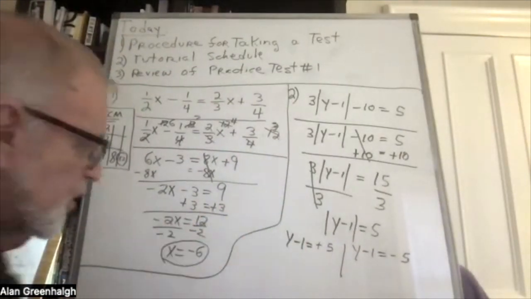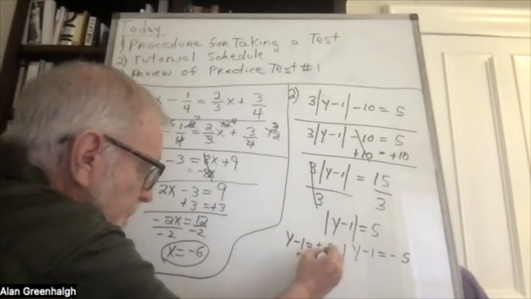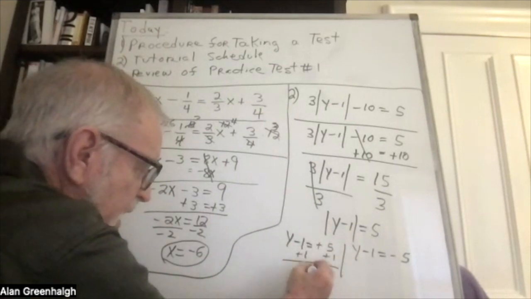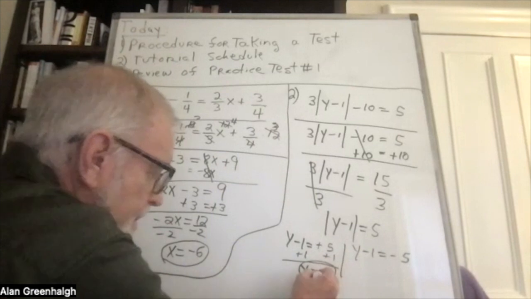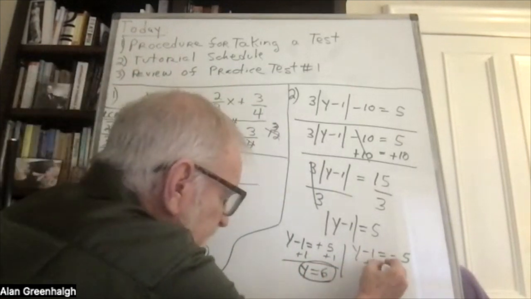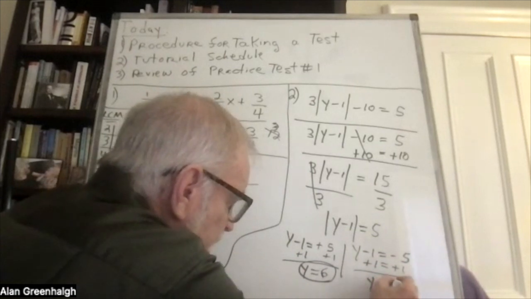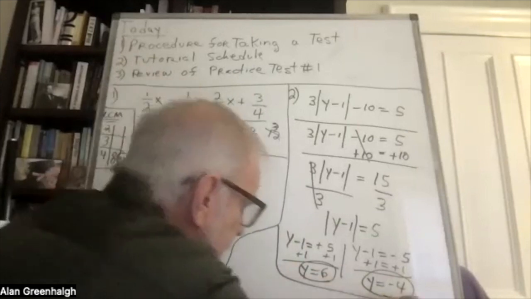And then you solve each of these two equations. These are very simple equations. Y can equal 6, and y can equal -4. And those are the two answers.